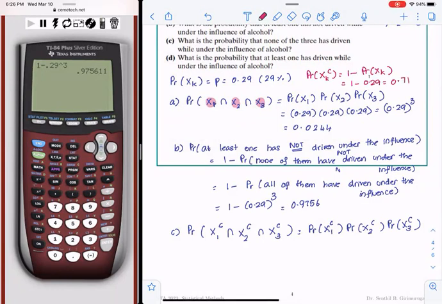So here, since we know the complementary probability to be 0.71, we can simply multiply 0.71 times 0.71 times 0.71, which would give us 0.71 cubed, so 0.3579. So there is a 35.79% chance that if I picked 3 21 to 25-year-olds at random, none of them would have driven under the influence of alcohol.